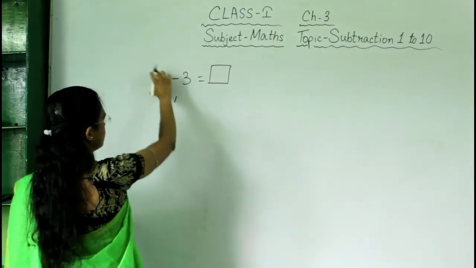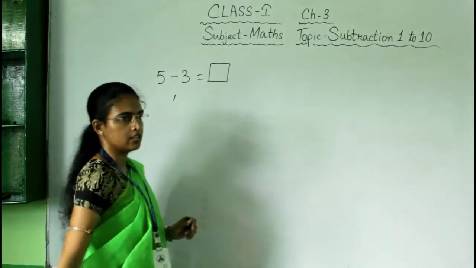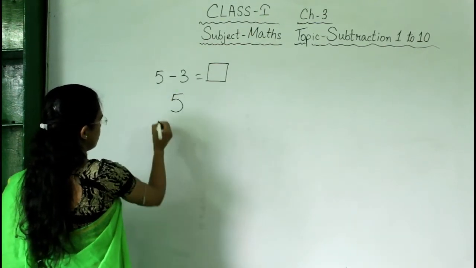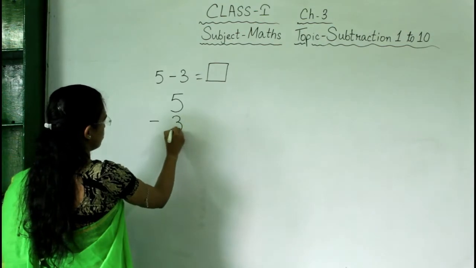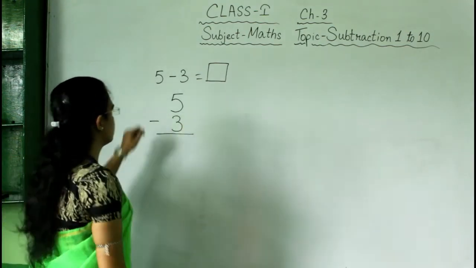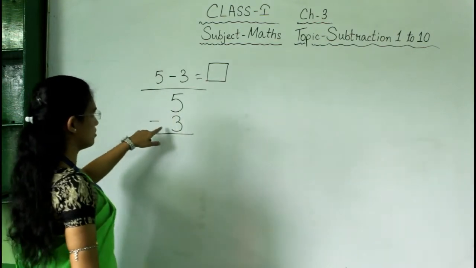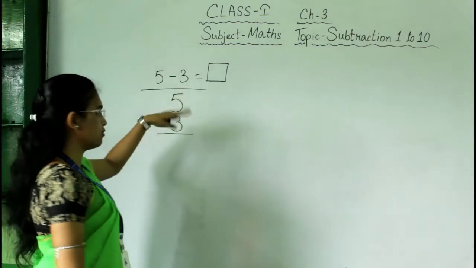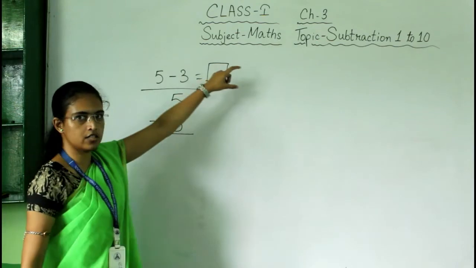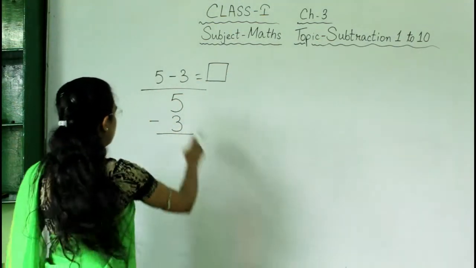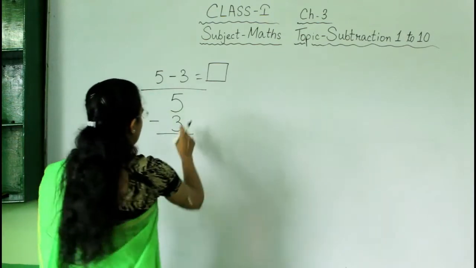Here I have written it horizontally, right? Now we will do it vertically, like this, 5 minus 3. This is also 5 minus 3. This is also 5 minus 3. But we have written it in a different way. This is the horizontal way and this one is the vertical way. Okay? So 5 minus 3.